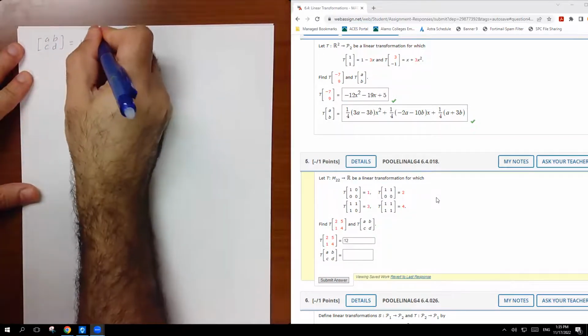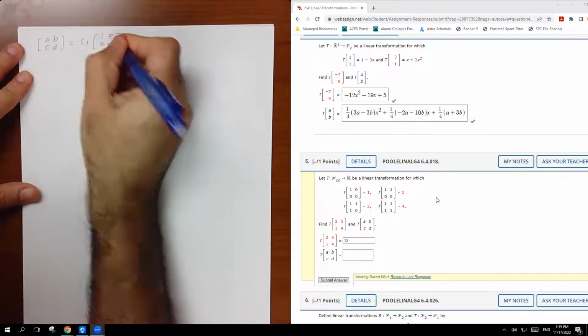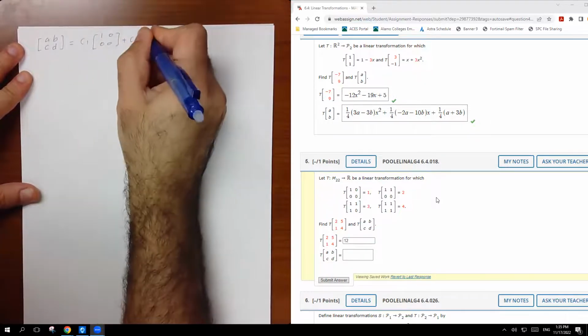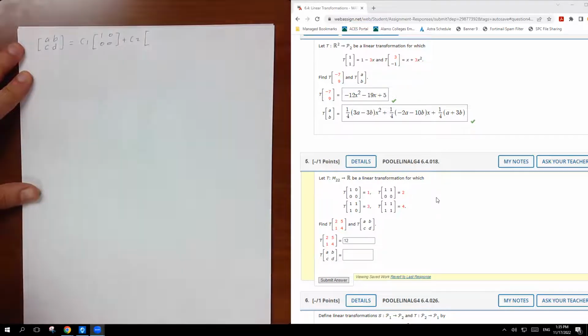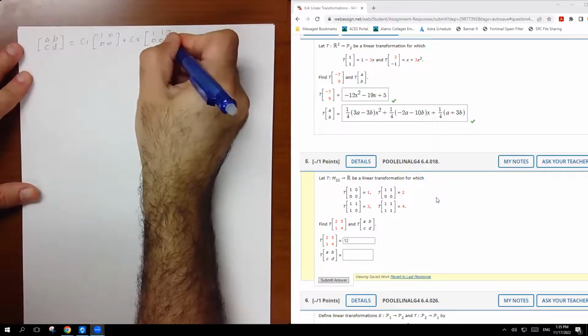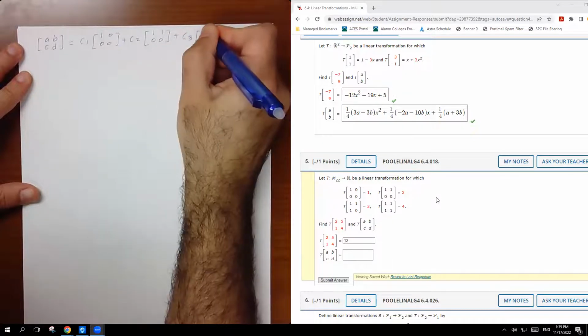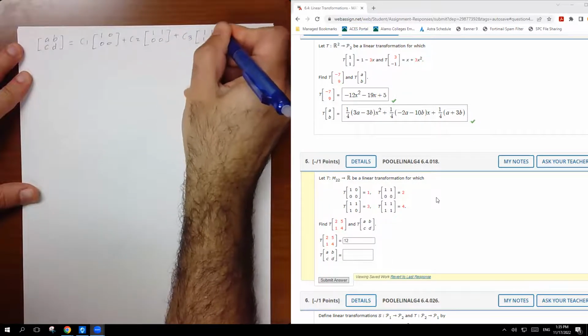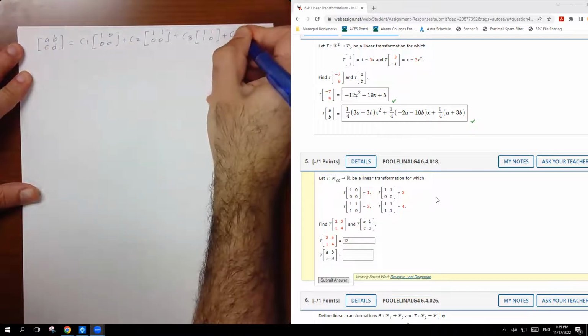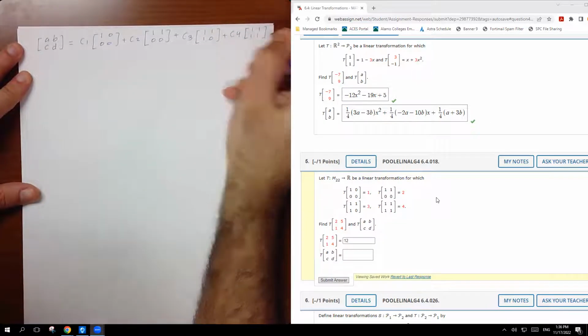So C1 with the first base, plus C2 with the second base, plus C3 with the third base, plus C4 with the fourth one.